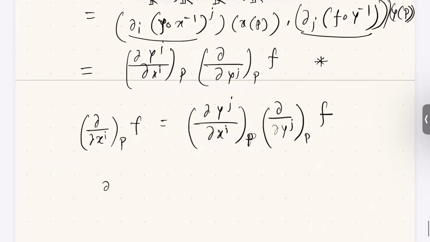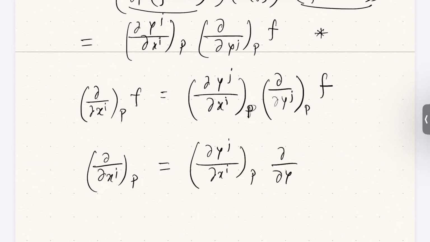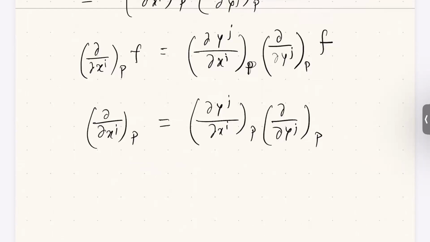Now this is true for every function f, hence I can write del over del xi at the point P equals del yj over del xi at the point P times del over del yj. Now, what is this?